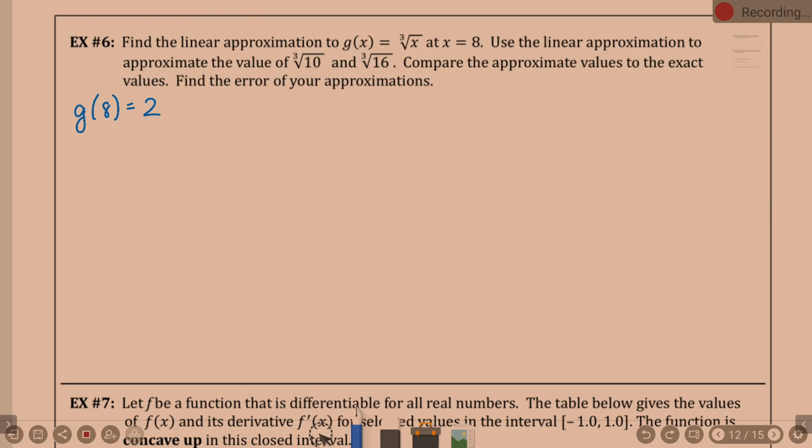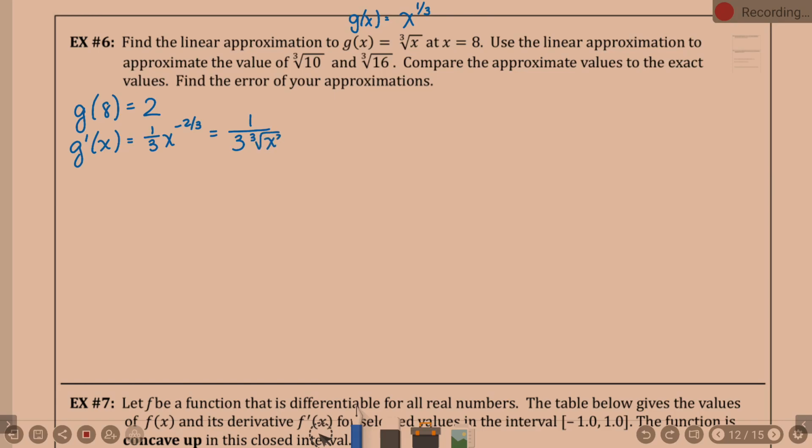Can we talk about g'(x)? It is going to be x to the 1/3 power, which will turn into 1/3 x to the negative 2/3, so it's going to be 1/3 over the cube root of x squared.